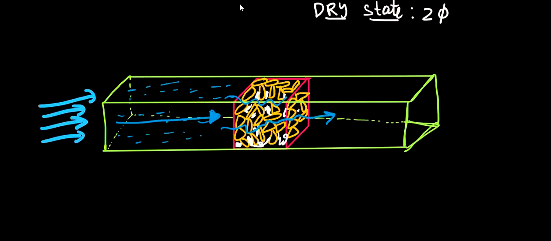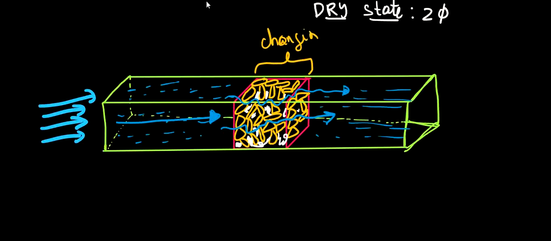Where the fluid particle finds space, it will bend accordingly along the free surfaces available and exit the soil sample. So velocities are changing in this region, because soil is an obstruction to the flow, and the parameters of the flow will start changing.